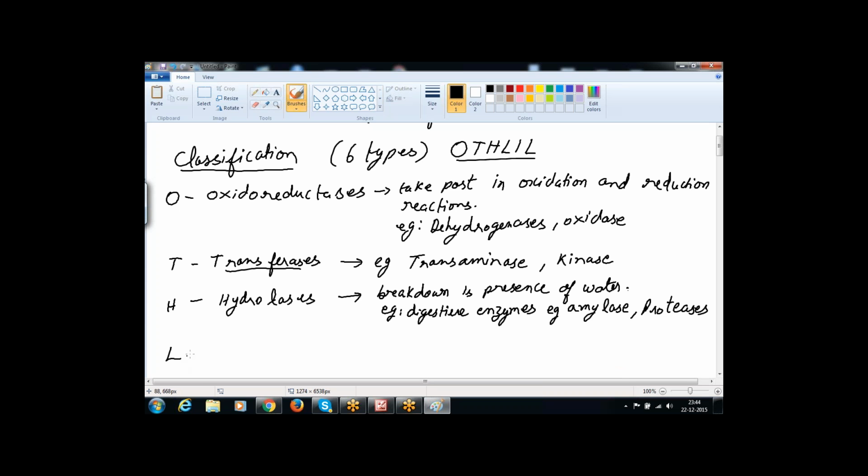Then L stands for lyases. Lyases means lysis in absence of water, or breakdown in absence of water.